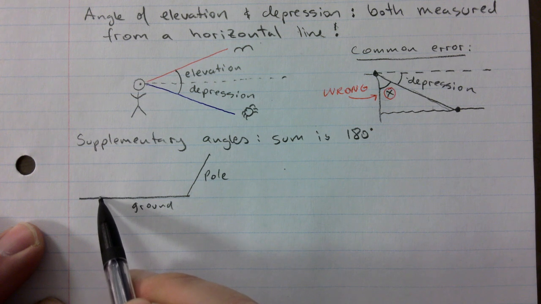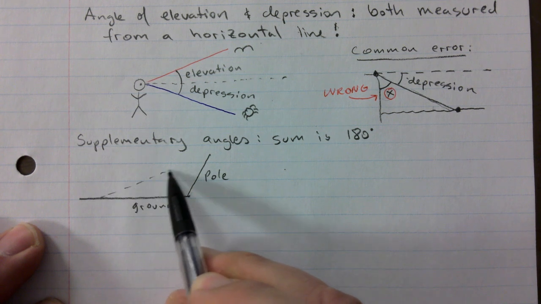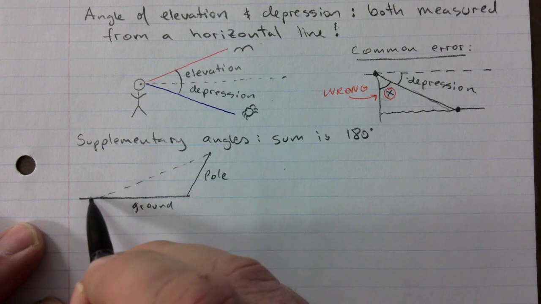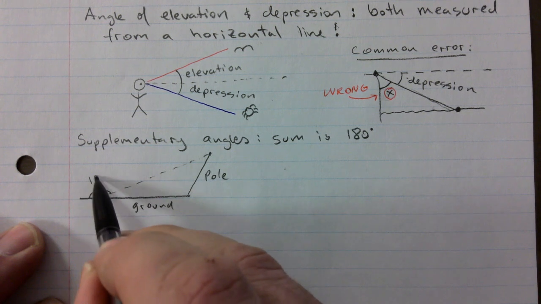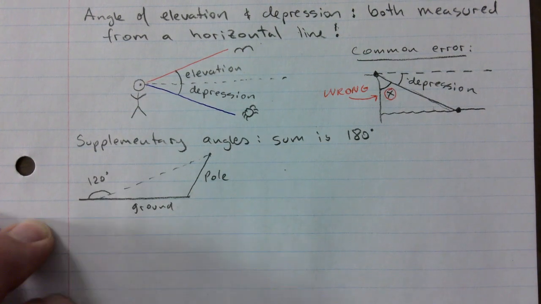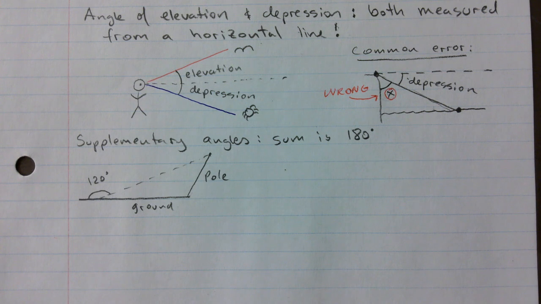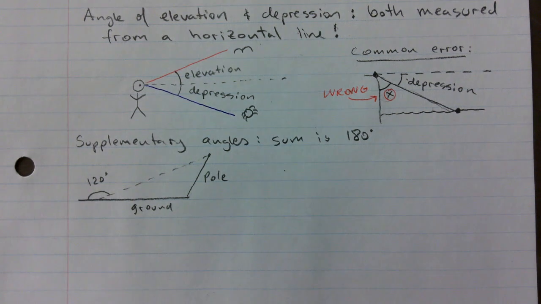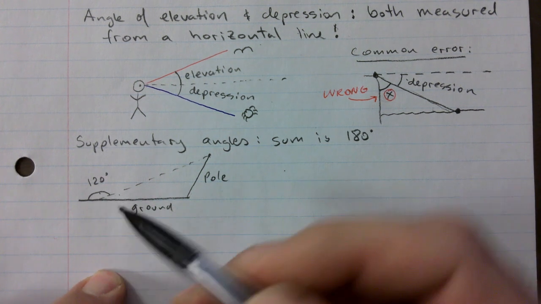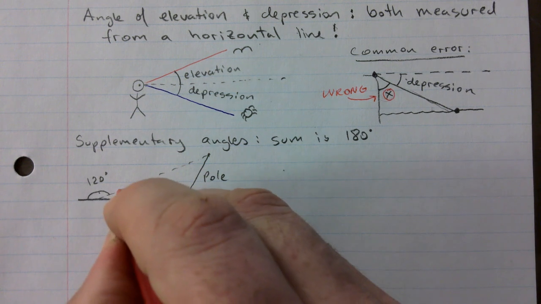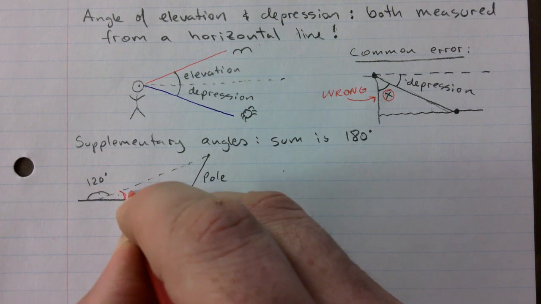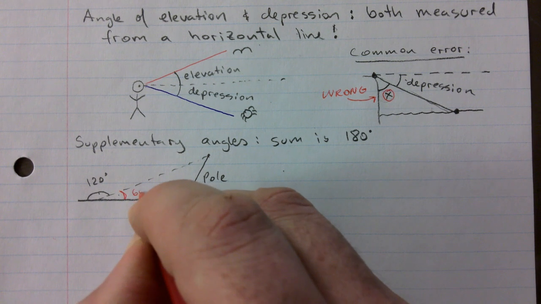And someone gives you a diagram like this, and they tell you that this is 120. That angle is outside the triangle. But do you remember the straight line, straight angle property, right? Whatever is along that straight line, if you take them all, they add up to 180. In this case, there are only two, right? So this angle right here will be 60 degrees.